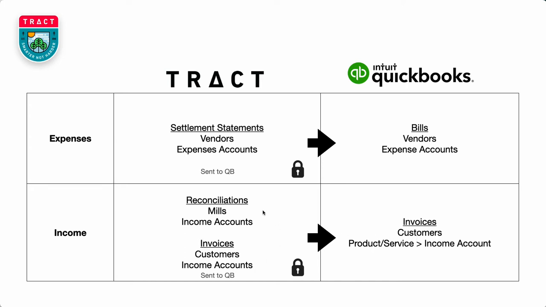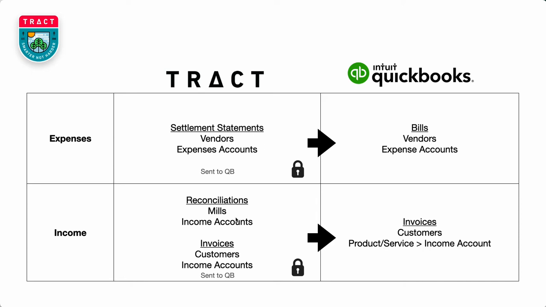And one difference here is in TRACT, you just have income accounts on tickets that record your income. But QuickBooks makes another level of distinction here. You create products and services in QuickBooks, and then those products and services are associated with income accounts.